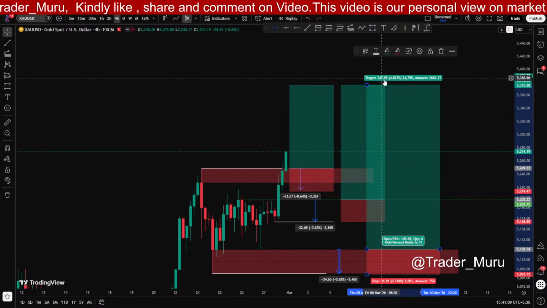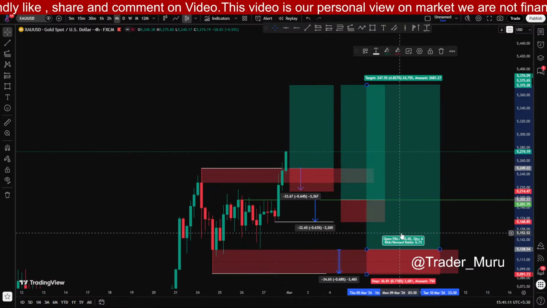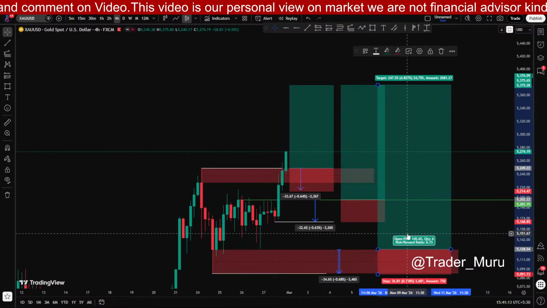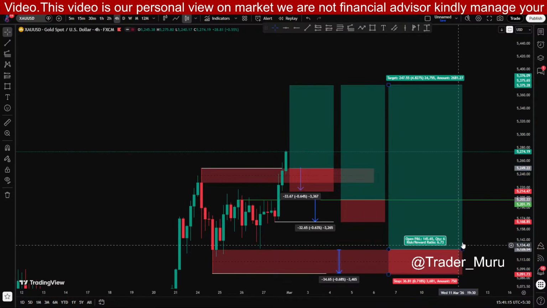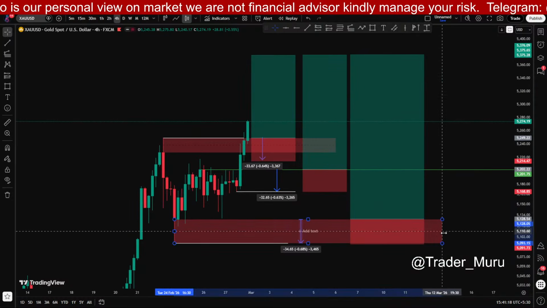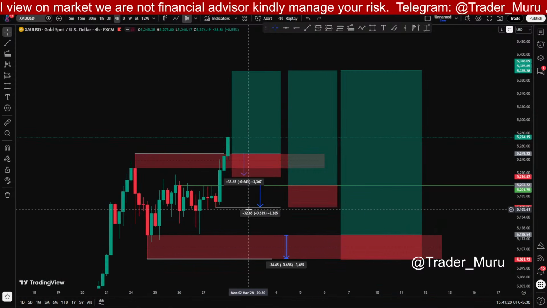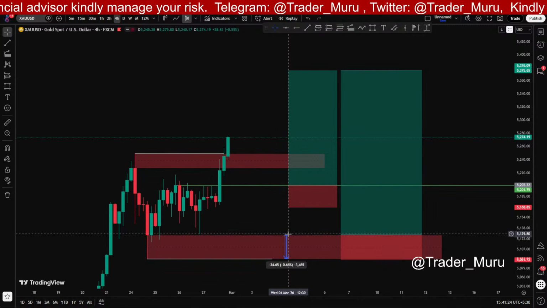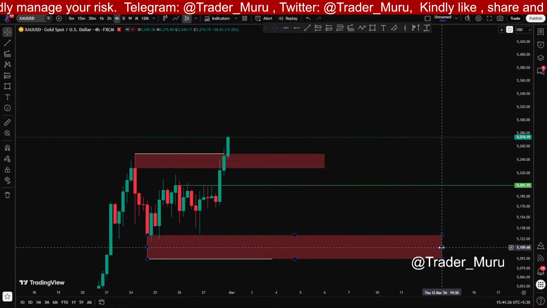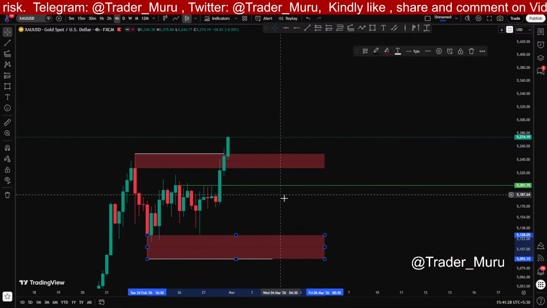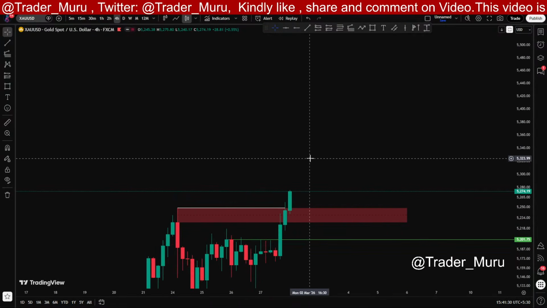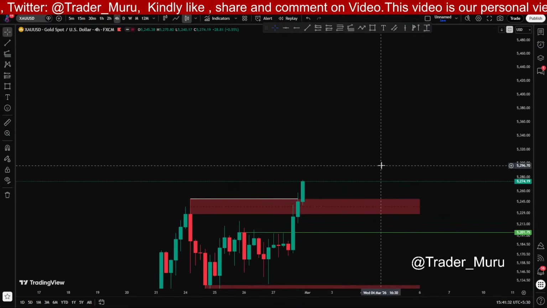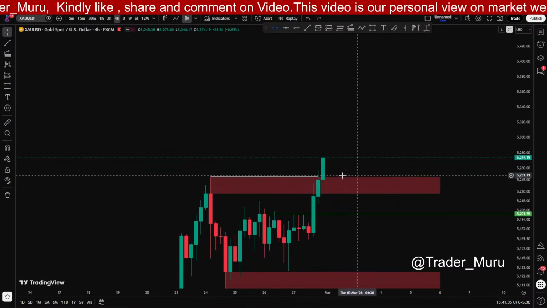It has a much better risk reward ratio. So if you don't know how to lose, you can't make profit. If you are afraid of stop loss, then you can't make profit in trading.